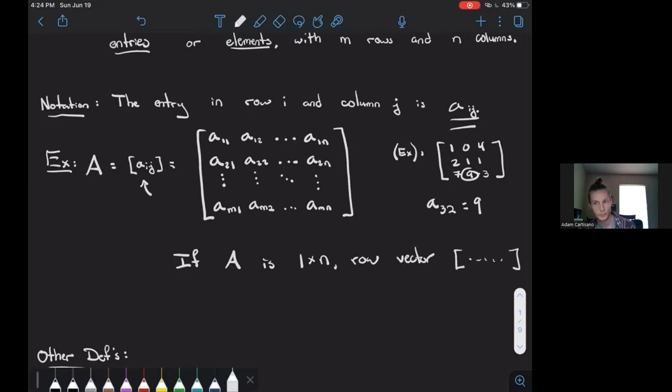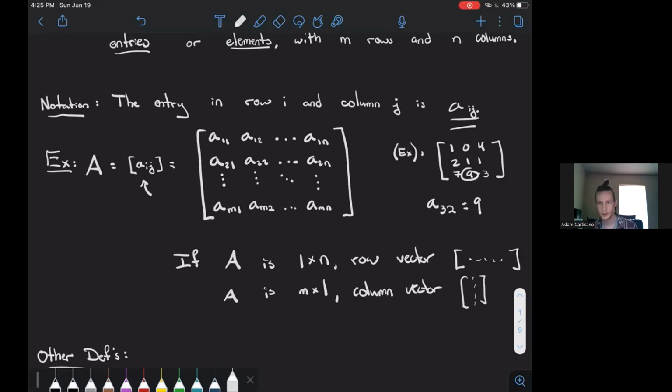It's one row, but N columns, so N entries in that row. So it's a row vector or a row matrix, you might hear. Similarly, if A is M by 1, then we have a column vector.